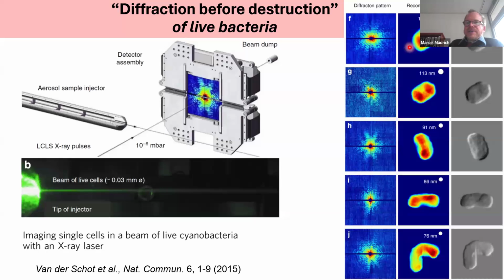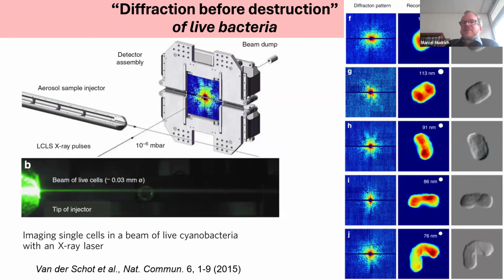So the only way to get systematic information about these systems is to record many single shots of these samples. Of course, always a new fresh sample, because this bacteria will be completely exploded after interacting with one laser pulse.